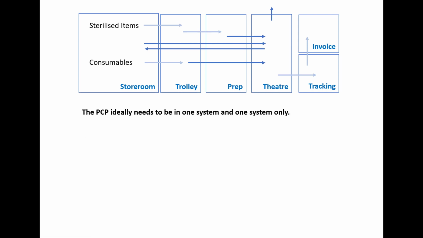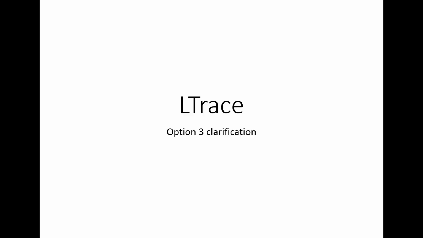And the PCP ideally needs to be in one system and one system only from a management point of view. Now it can be duplicated in the second system, but you ideally want to be trying to maintain it in one system. So these are my goals. What I want to do is just go back to option 3 and just clarify some of the things.